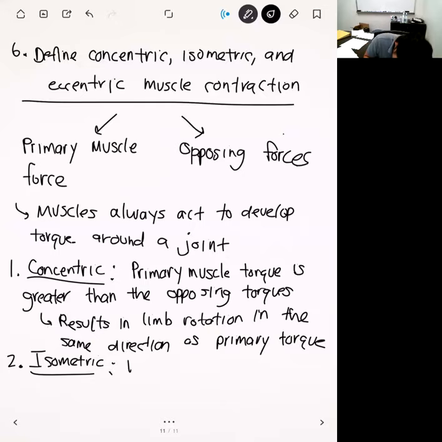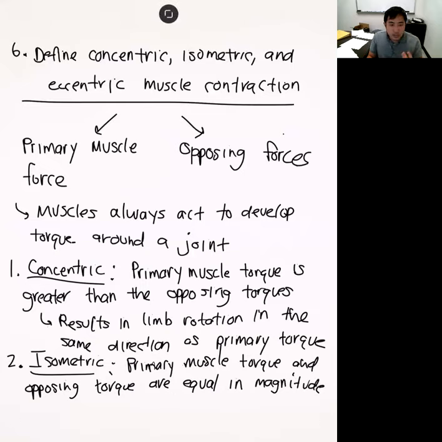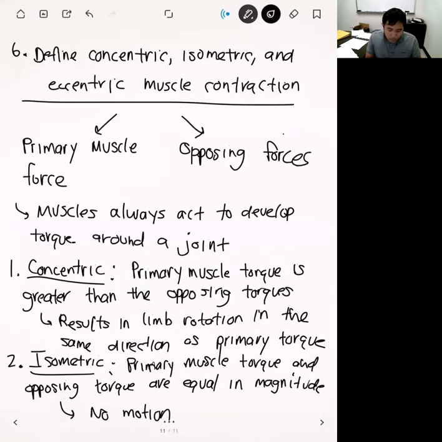And when those two torques are equal in magnitude, this produces no motion. And so that's isometric contraction.